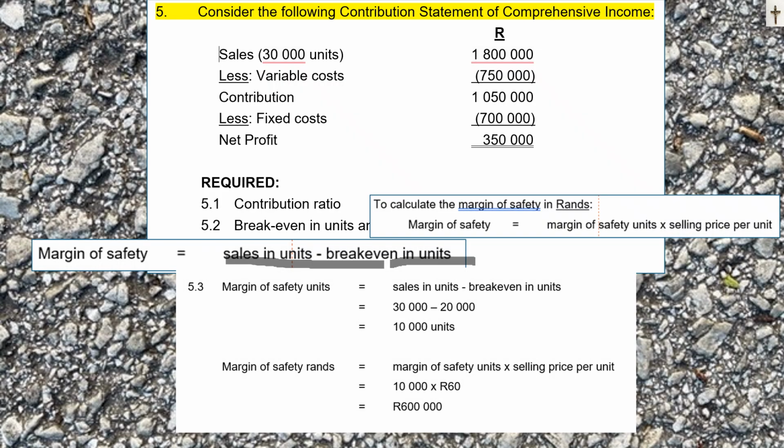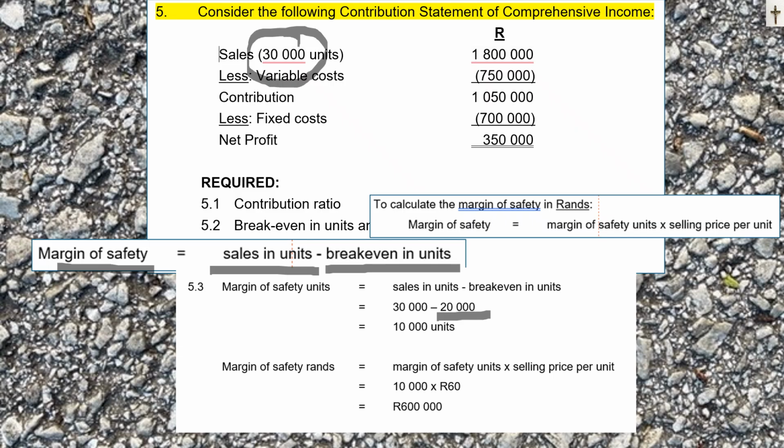And if we look at the formula for margin of safety, it's the sales in units, 30,000, less the break-even units that we just calculated, and the break-even units were 20,000 from the previous slide.